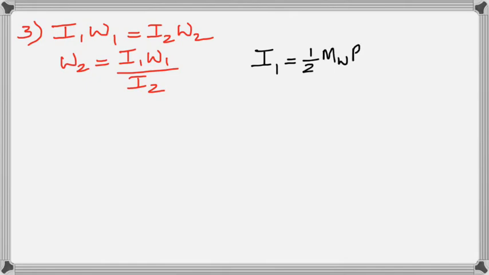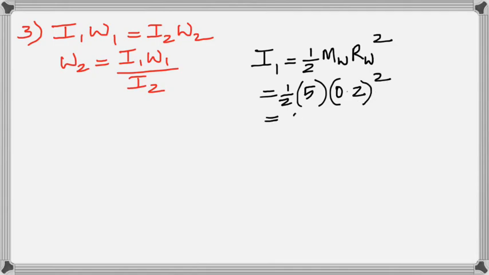When you rearrange, and then I1 is 1/2 times 5 times 0.2 squared, because that's half of the diameter radius squared. So you will get 0.1 kilogram meter squared. Anybody got that? Yeah. Sure? Okay.